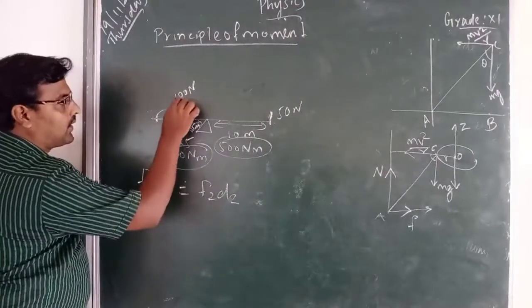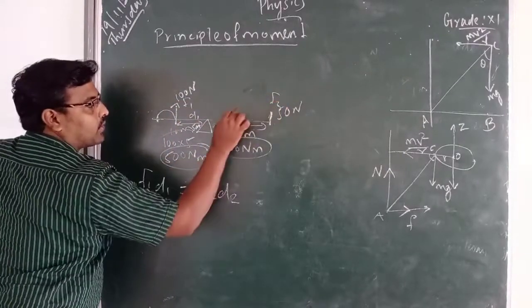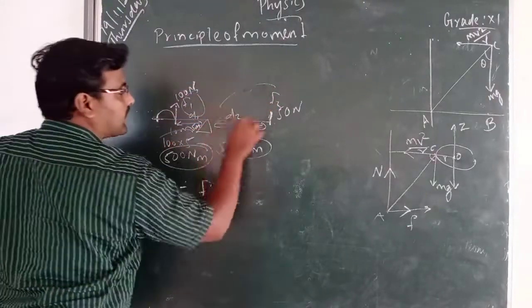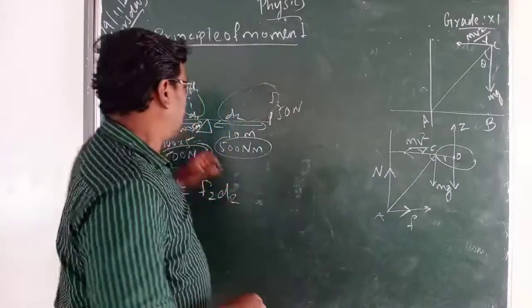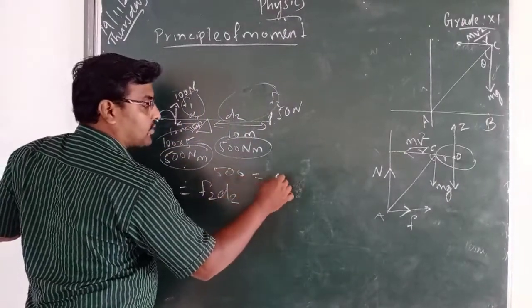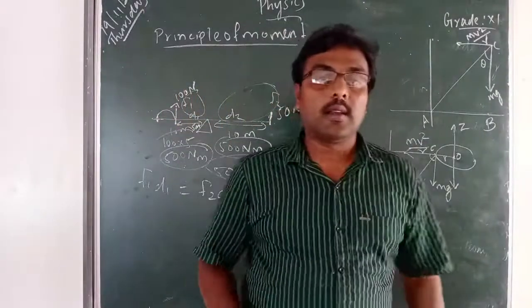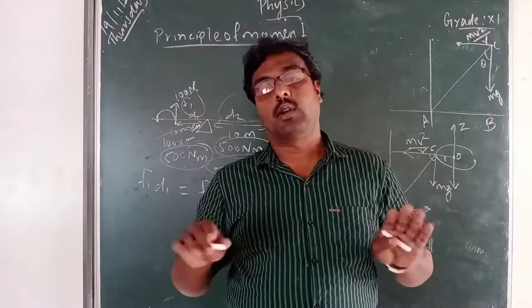This is F1, this is D1, this is F2 and this is D2. So F1 D1 is equal to F2 D2. This side you got 500 Newton meter, that side also you got 500 Newton meter. Then the condition for principle of moment is what?